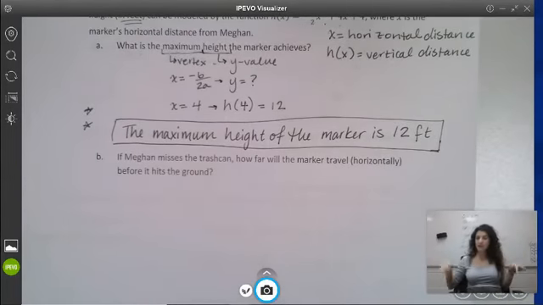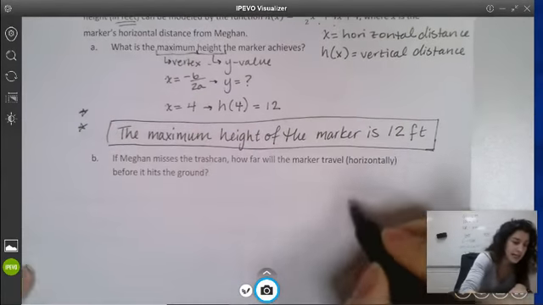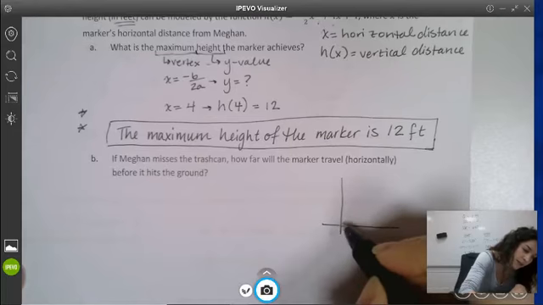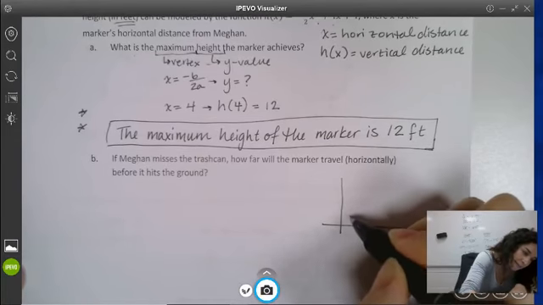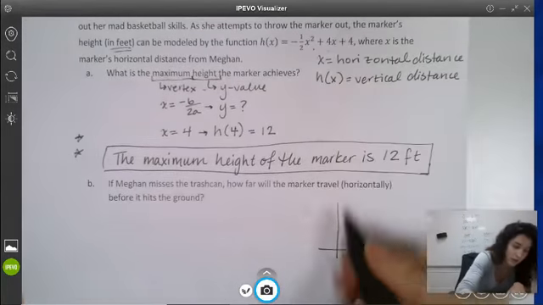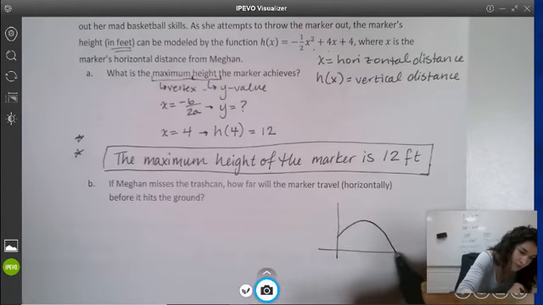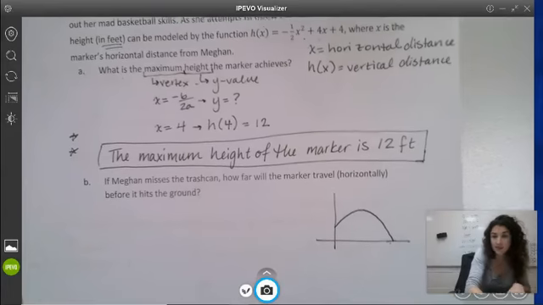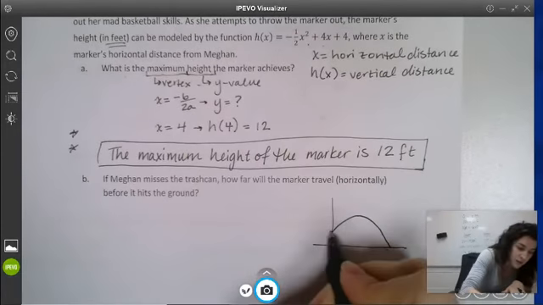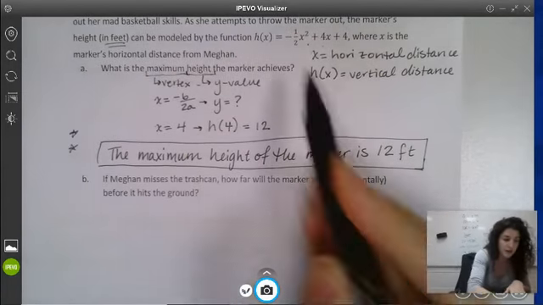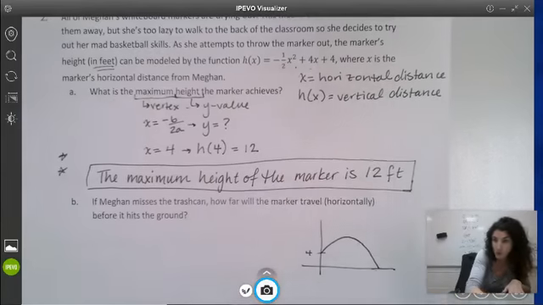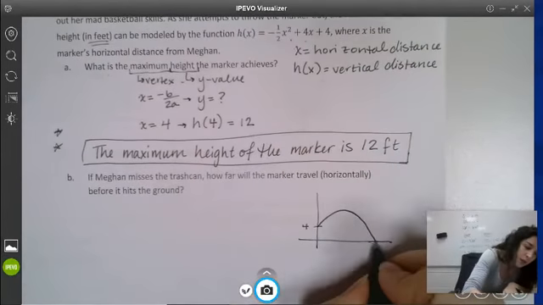So if I've missed the trash can completely and I'm just hitting the ground somewhere, which is more than likely, we know that our parabola is going to look something like that. Notice the +4 here, which means that it was released at 4. So this is 4 right here, our y-intercept, because if I plugged in zero, those terms would go away, and that would be the 4.